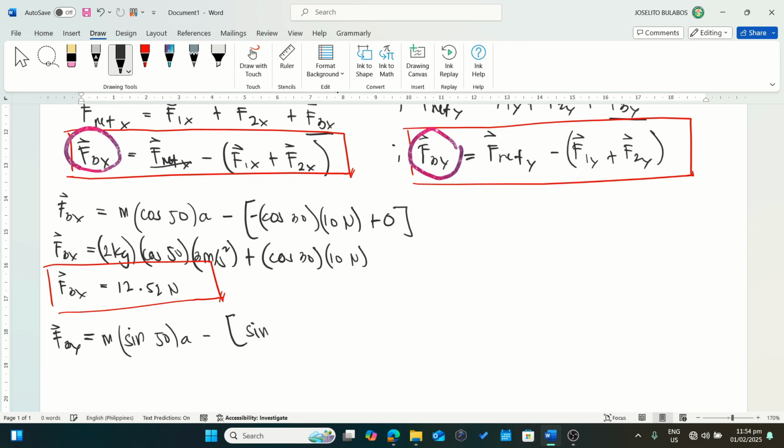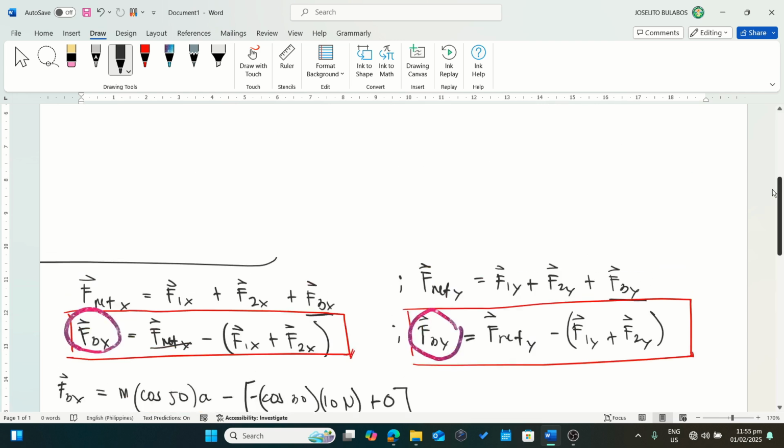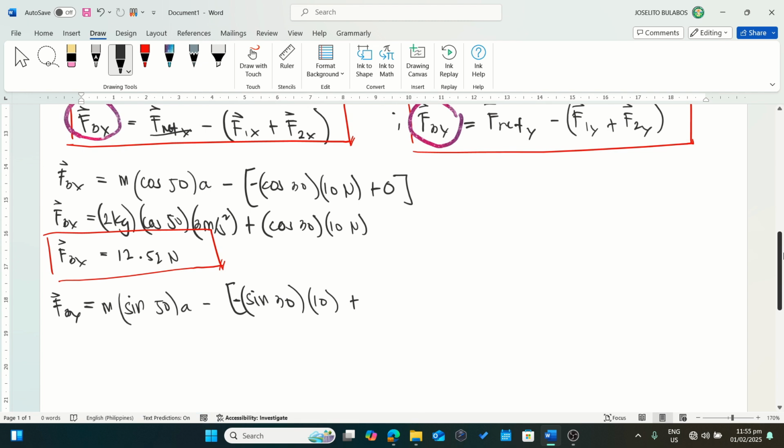So this should be sine 30 of 10, but since this is directed downward, this should be negative. Plus our F2y is just the same F2. So this is 20 Newton.